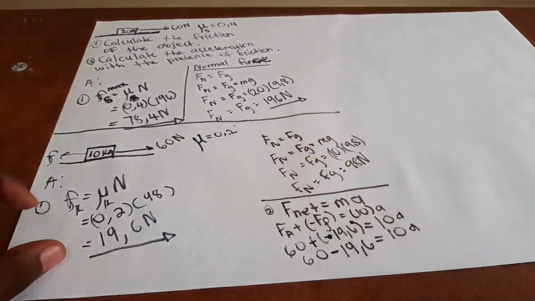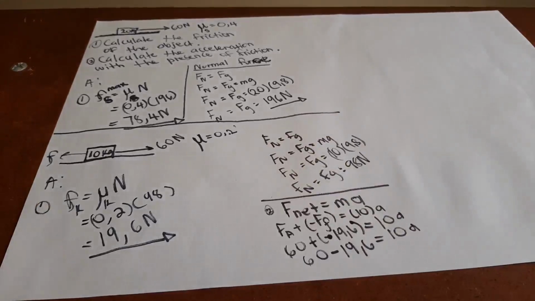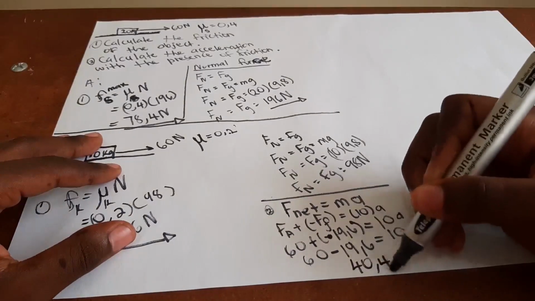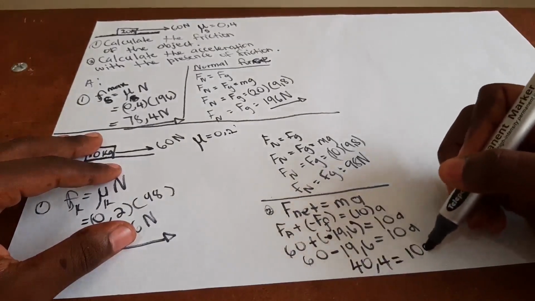So let's calculate on our calculators. 60 minus 19,6. That's 40,4 newtons. Okay, that's 40,4 is equal to 10a.